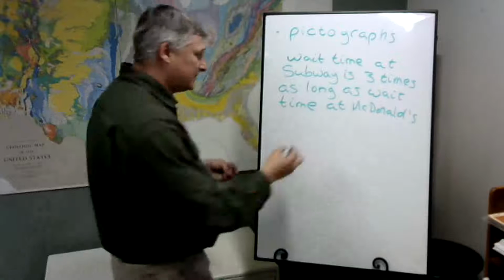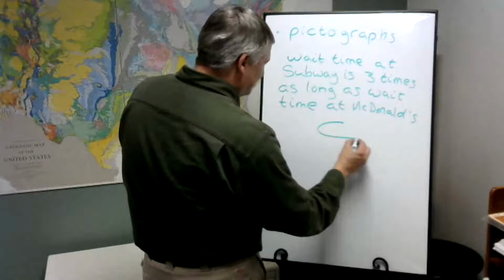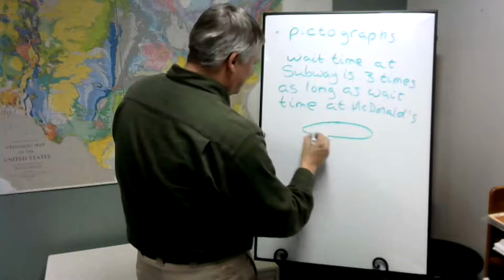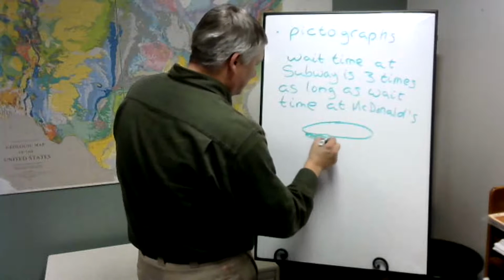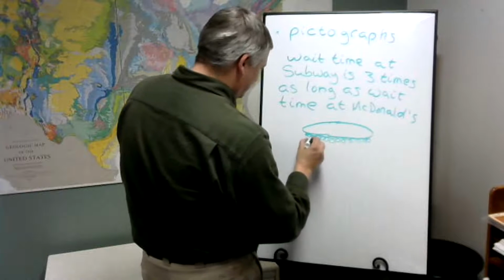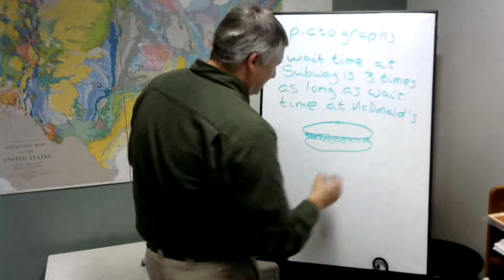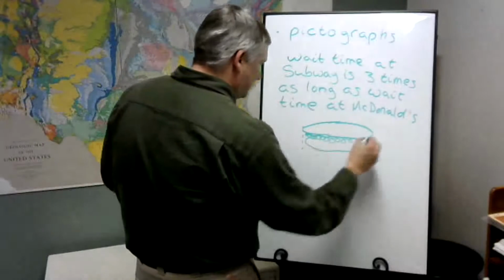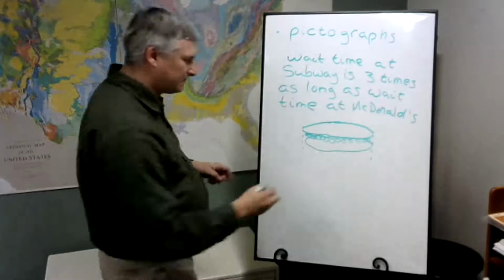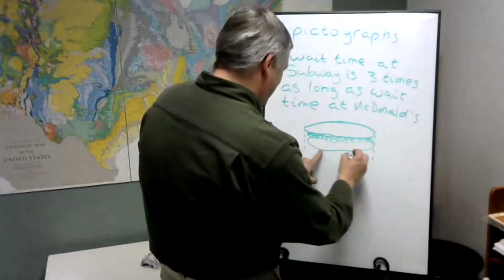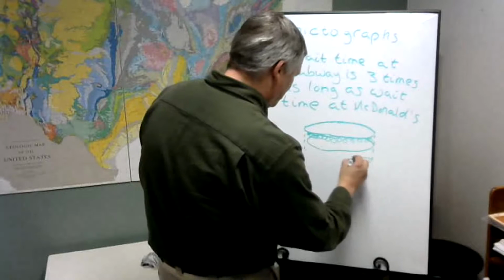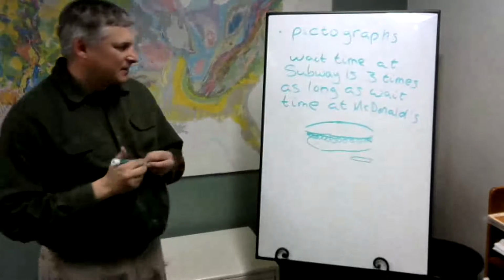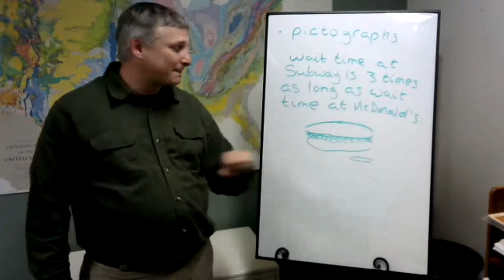The way I illustrate this is I draw a sandwich, and I'll make it a little bigger, with some stuff in here. I'm going to make sure this is 3 times as long, about like that, as a French fry. So I've got my sandwich, I've got my French fry.